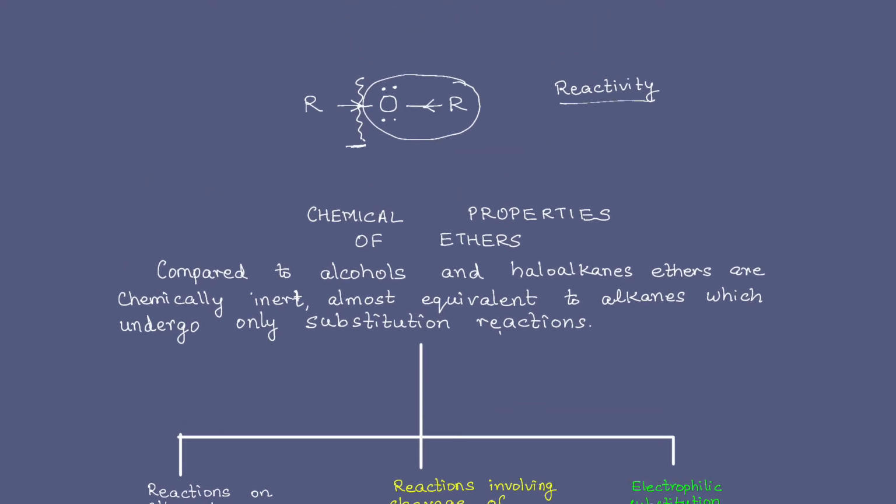But look at the poor oxygen. It's loaded with lone pair of electrons. It will have a tendency to share this lone pair of electrons with some species which is hungry for electrons. That means some species which is carrying a positive charge, right?